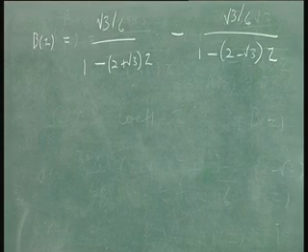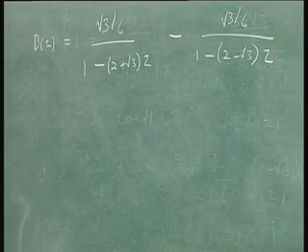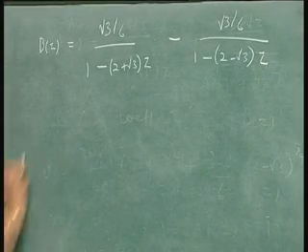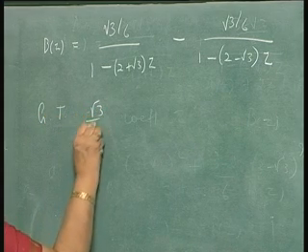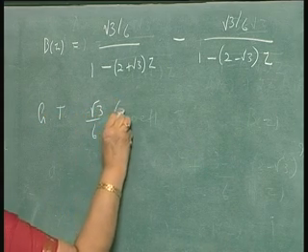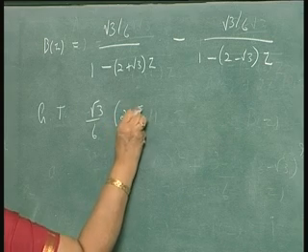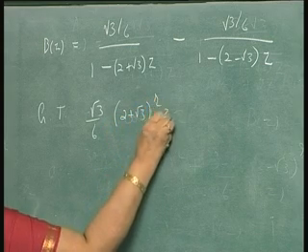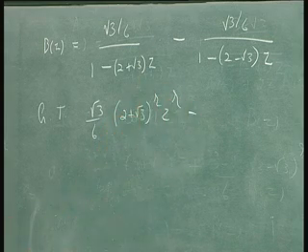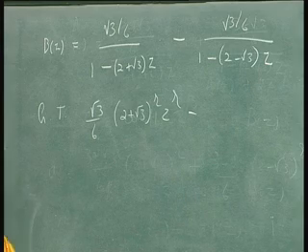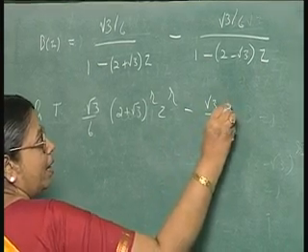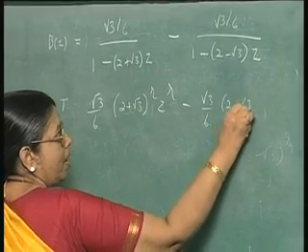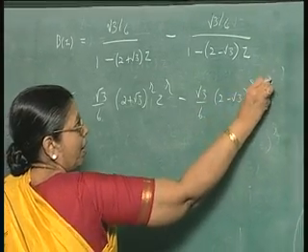Bz is the generating function for the sequence B0, B1, B2 and so on. The general term here will be root 3 by 6 into (2 plus root 3) power r, z power r, and the general term here will be again root 3 by 6 into (2 minus root 3) power r, z power r.